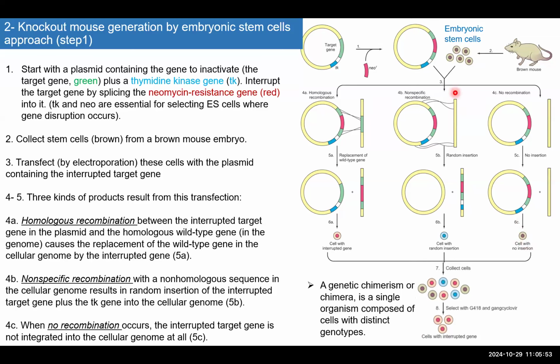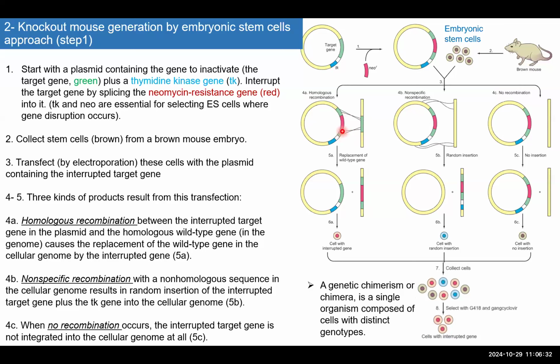Okay, if the recombination takes place, there are two possibilities. The first possibility is that the recombination is not specific. In other words, well, let me first explain the specific recombination because it's easier to understand. So if the recombination is specific, this means on the genome side, the gene in the green we want to replace, this homology arm and this homology arm recognize perfectly on the genome and on the plasmid.